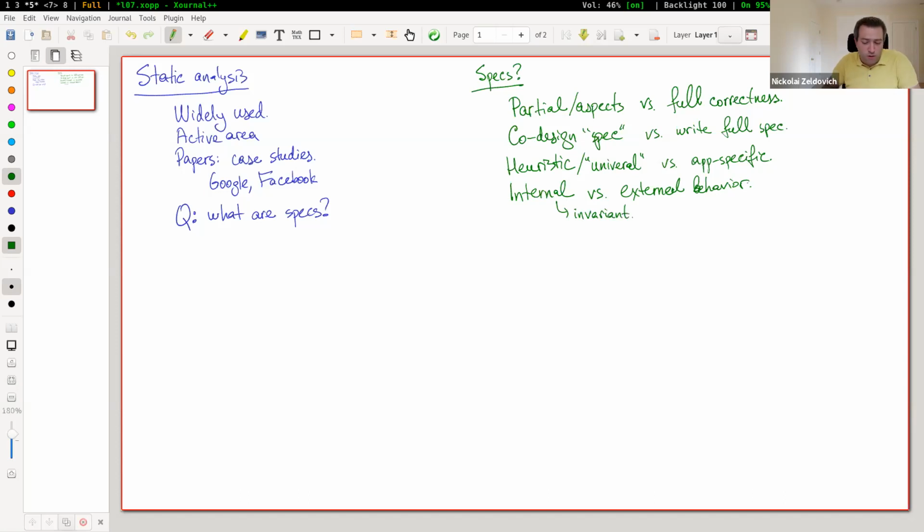Moreover, these are not app-specific. They're universal invariants that every application should follow. You shouldn't dereference a null pointer. You shouldn't send untrusted user input to a web browser in the Facebook case, etc. So their specs are much more low-level invariants on internal actions of a system as opposed to visible external behavior. Make sense?